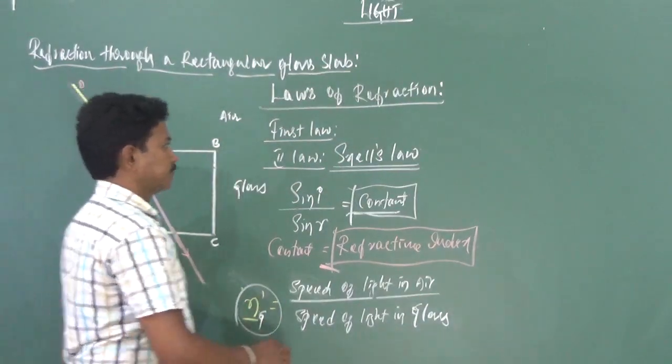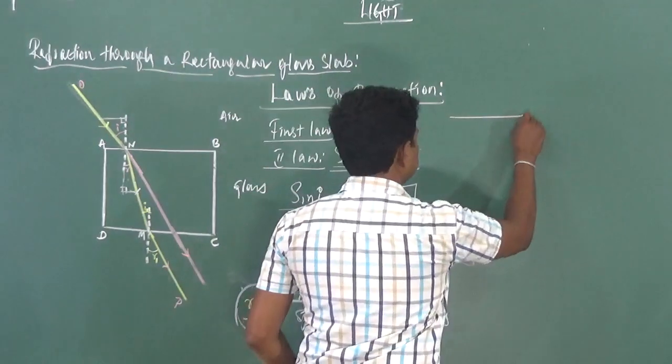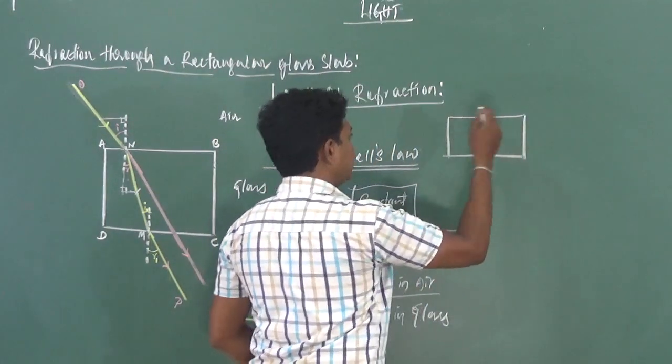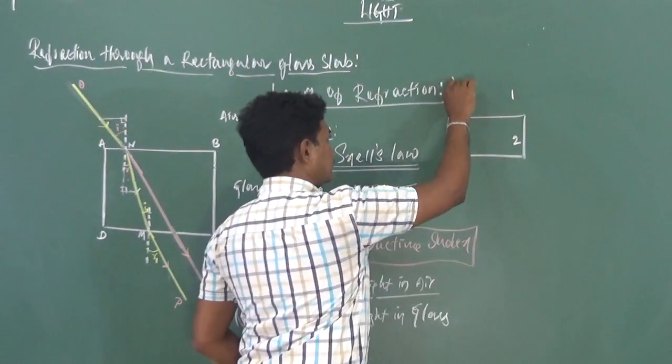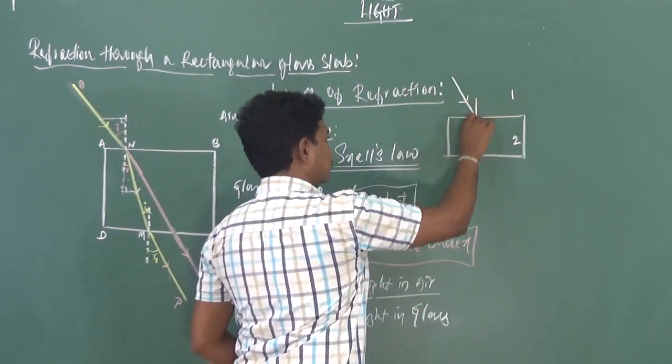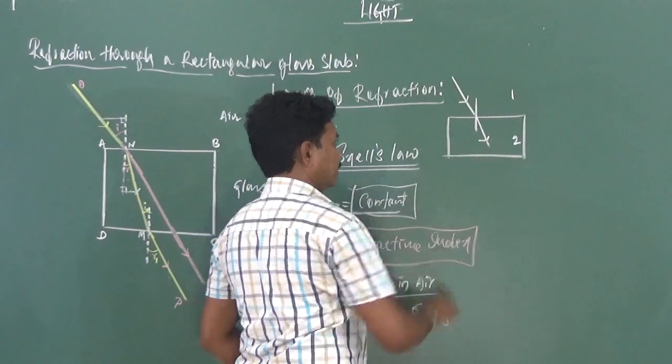For example, I will take another example. Here is some medium. This is the first medium and this is the second medium. The light travels from the first medium, gets refracted and travels into the second medium.